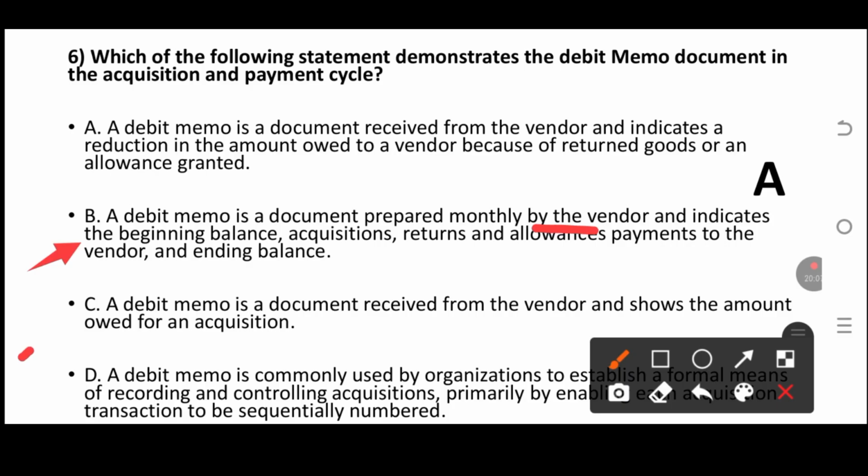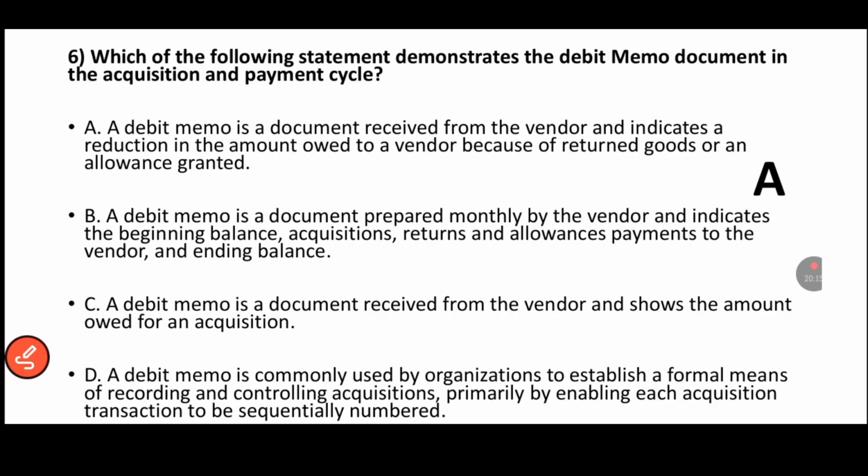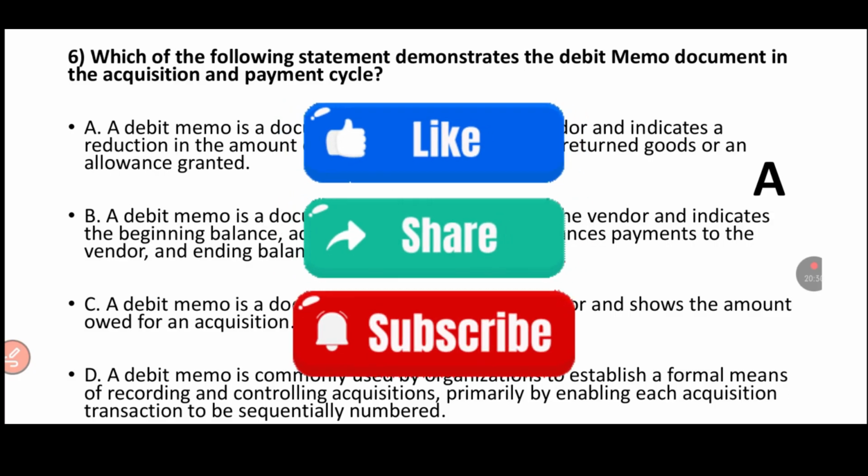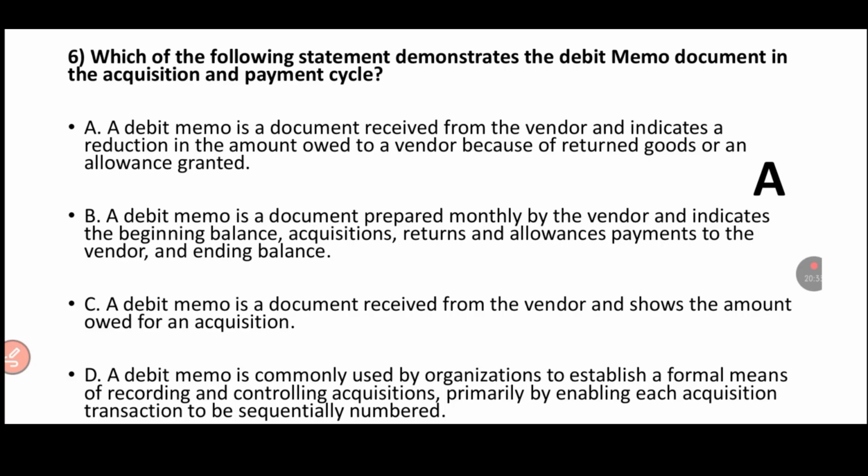Another option says a debit memo is a document received from the vendor and shows the amount owed for an acquisition, commonly used to establish a formal means of recording and controlling acquisitions by enabling each transaction to be sequentially numbered. But we have said a debit memo is basically an accounting document used either to increase the amount a customer owes or to reduce the balance in a company's accounts payable, depending on who it is issued for.